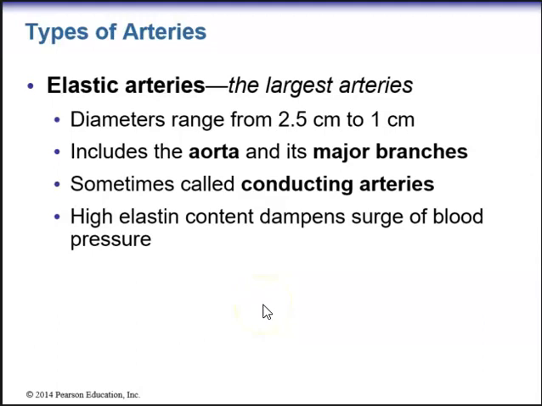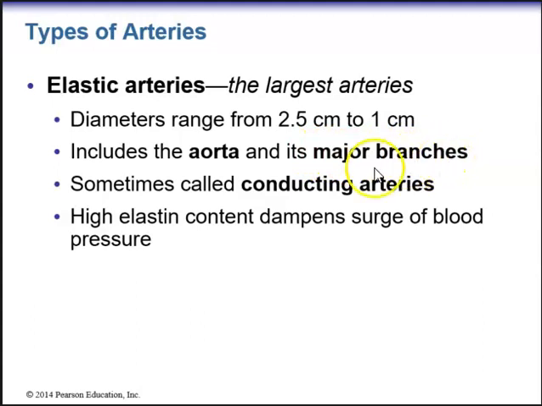Now we have different types of arteries. The largest arteries are called elastic arteries, and they range in diameter from 2.5 centimeters to 1 centimeter. This includes the aorta. We know the aorta is one of the largest arteries that carries blood away from the heart. So the aorta and its major branches are examples of elastic arteries.